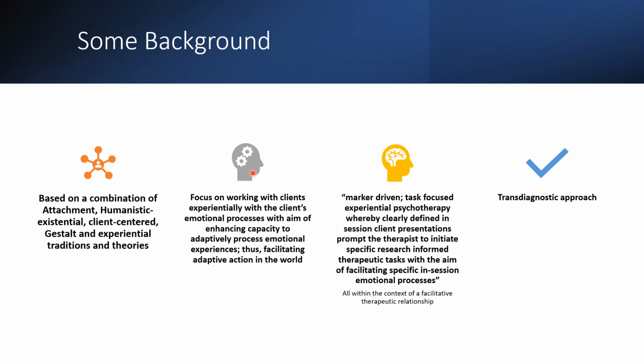This particular theory focuses on clients experiencing those emotions and differentiates between adaptive emotional processing and maladaptive emotional processing. The goal of the theory and the therapy is to facilitate that adaptive, functional emotional response to the world. There's my interpretation of that one sentence.